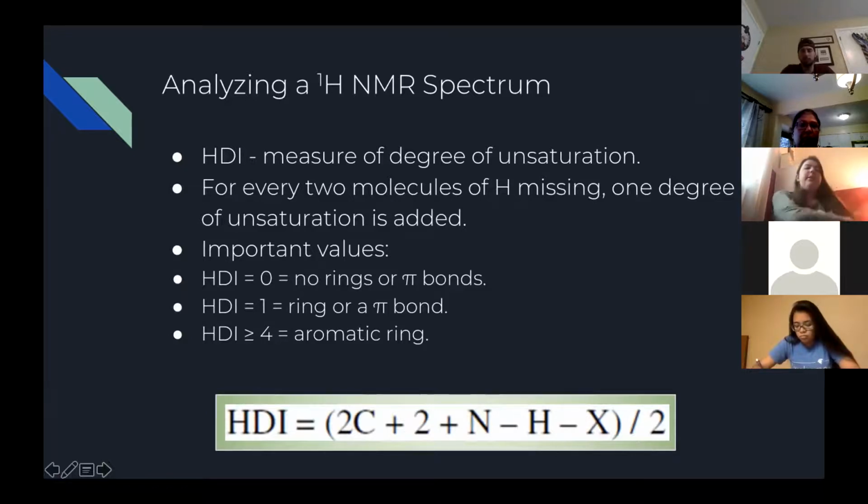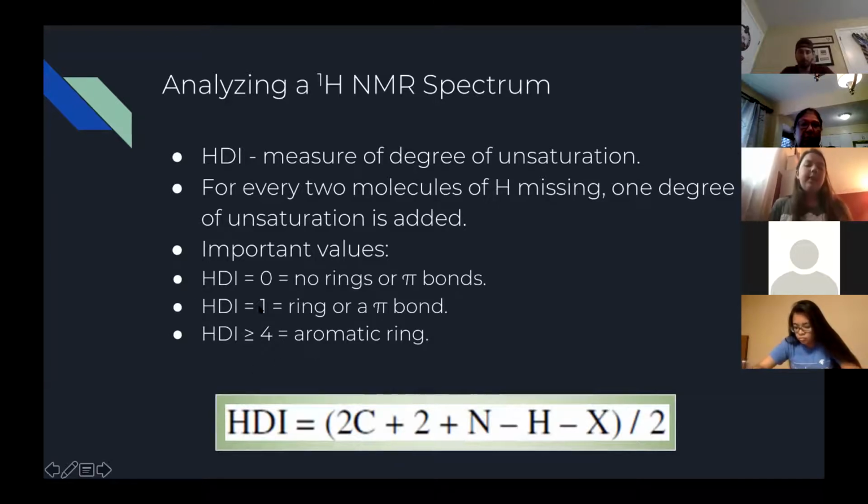So this is just a review of HDI, because it's been a little while. It's your measure of unsaturation. If it's 0, that means there are no rings or pi bonds. If it's 1, that means there could be 1 ring or 1 pi bond. And if it's 4, it doesn't mean it's an aromatic ring, but it's likely that it has one, because an aromatic ring has the ring and then the 3 double bonds in it. So that's why it's 4.